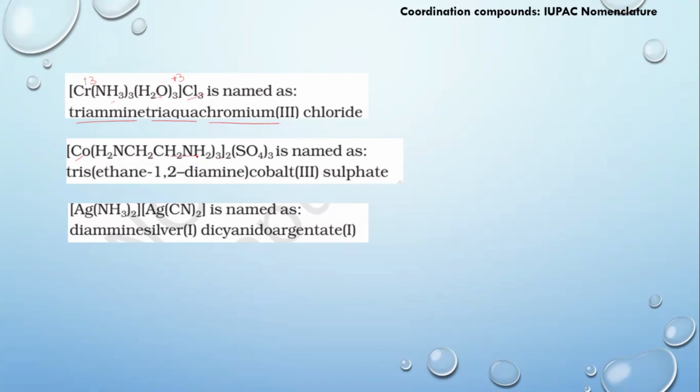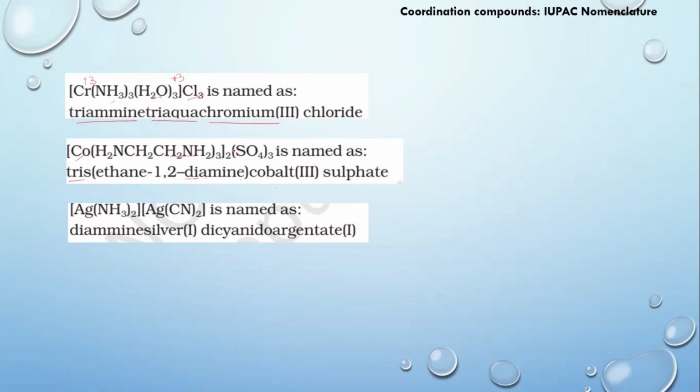Since there is a di in the name of the ligand, we will not use di, tri, tetra; we will use bis, tris, tetrakis. We will write tris(ethane-1,2-diamine) cobalt, oxidation number, sulfate. So we will find out the oxidation number.